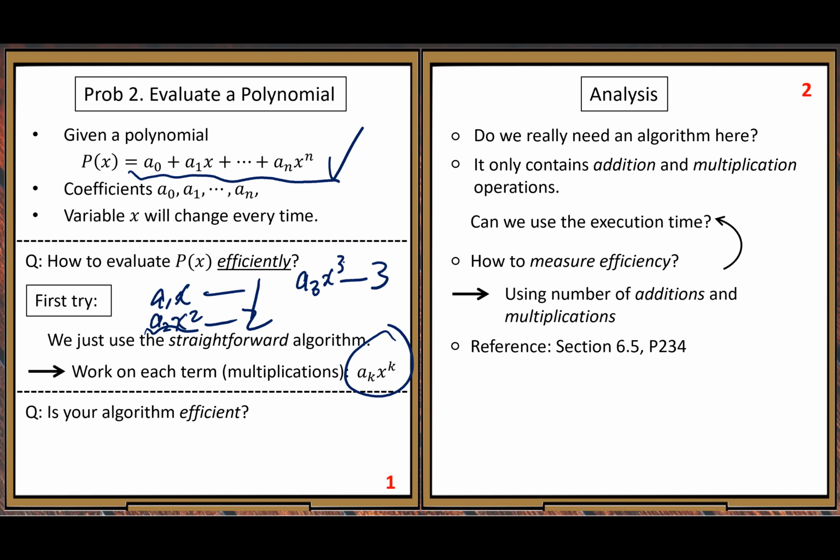Is your algorithm efficient? Each term takes k multiplications, so we can calculate the total number of multiplications. But we don't know if it's efficient, because we only have one algorithm. If you cannot compare it with any other algorithm, how do you know it's efficient or not?